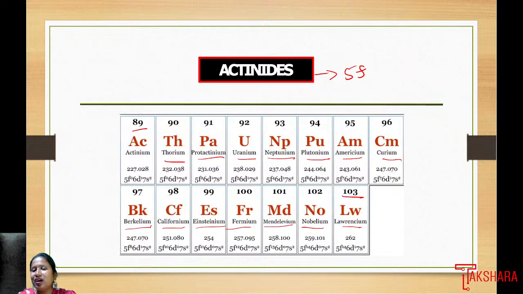All these elements are named based on their source, or based on which scientist discovered them. That is about the actinides, also called the 5F series.